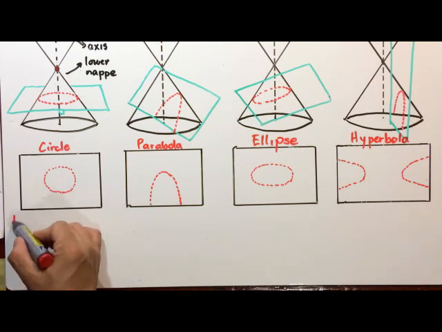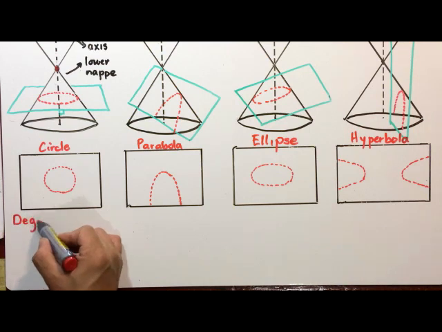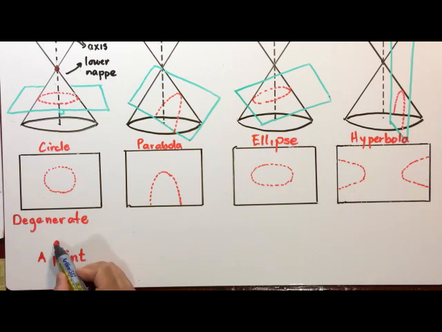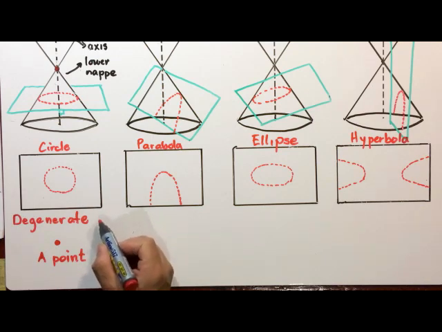We call this the degenerate case. You cannot form a circle, but you can just form a point. And the point, which is the graph, the curve that is being traced by this cutting plane, is what we call the degenerate case of a circle. It's a circle without any radius. So it's a degenerate case.